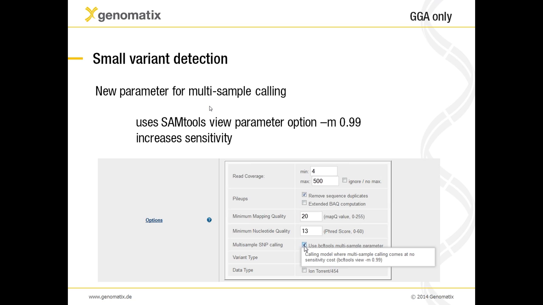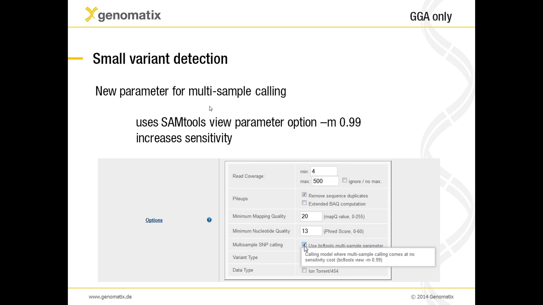If you called your samples separately, which you can still do, you get only information for the SNP position, but no information about the genotype at that position in other samples where you don't call a SNP. So you do not know whether you actually have a reference genotype in that other sample or just not enough information to call anything there. And with multi-sample calling, you can actually differentiate between such a ref call and a no call.